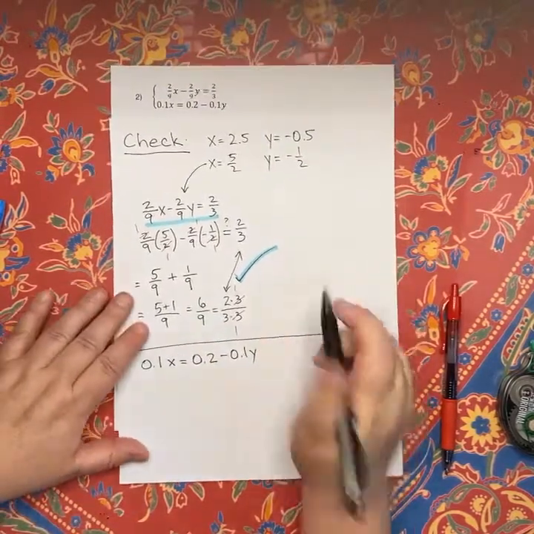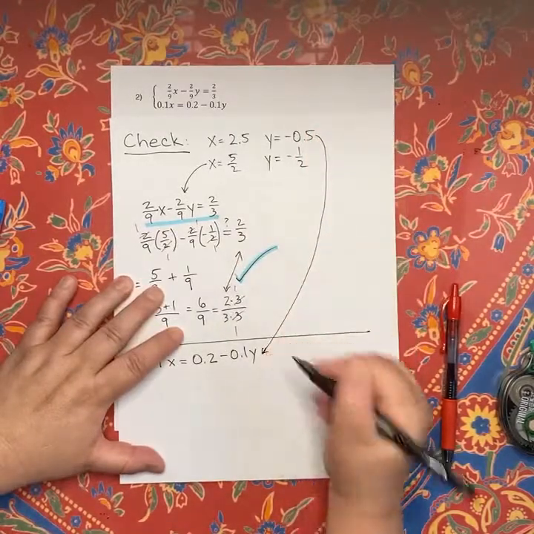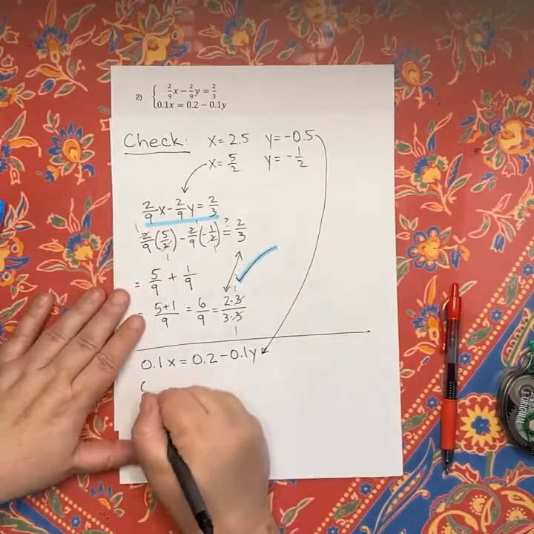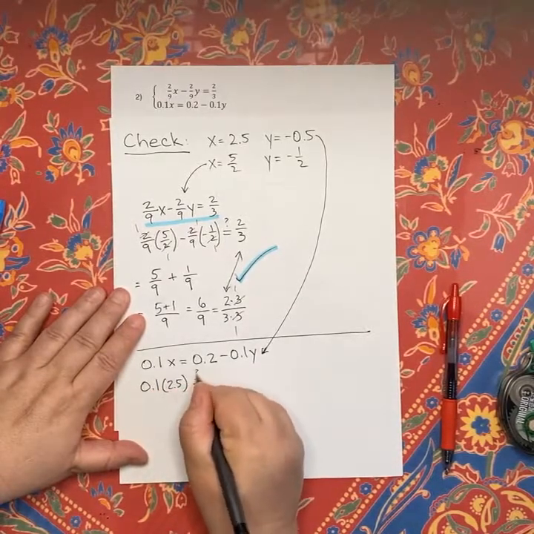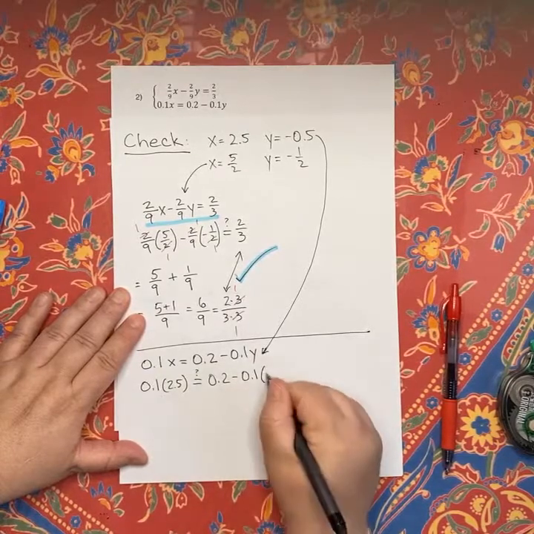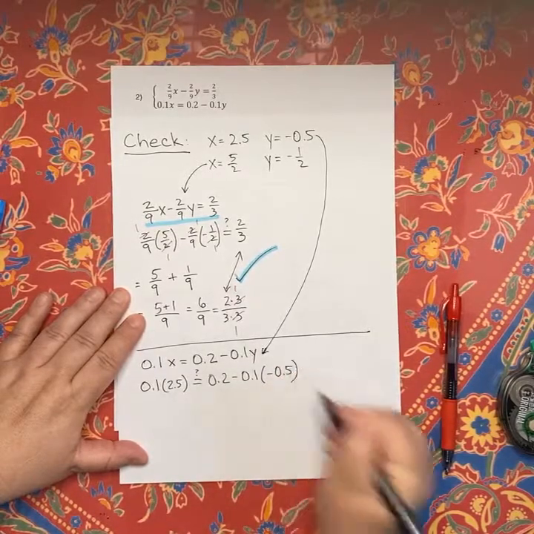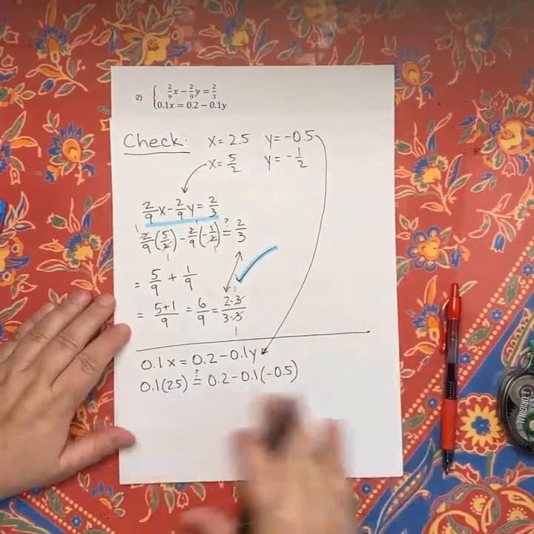Okay, and I'm going to plug in, for this one, I'm going to use the decimal forms. So I've got 0.1 times 2.5. Does that equal 0.2 minus 0.1 times negative 0.5? Now, here's the thing. In a check, you're not allowed to clear decimals.